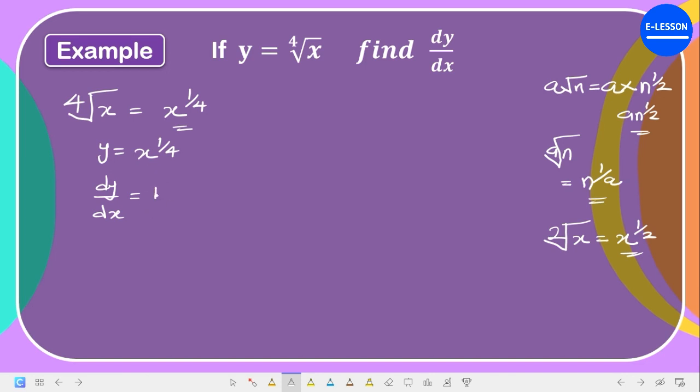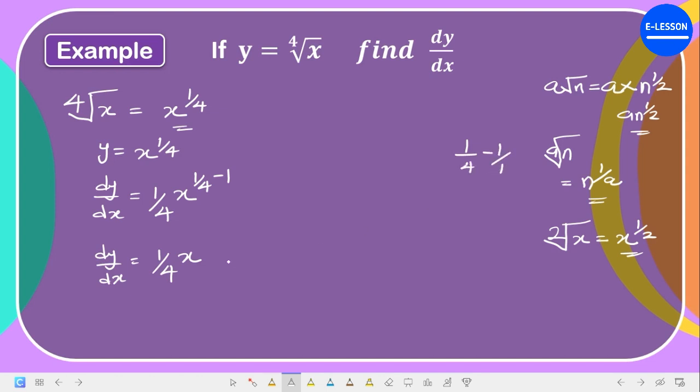So this will be equals to 1 over 4, then x, then subtract 1 from the power. This becomes 1 over 4 minus 1. And our dy dx is equal to 1 over 4 x to the power of 1 over 4 minus 1. We can come here and say 1 over 4 minus 1 is the same thing as 1 over 4 minus 1 over 1.